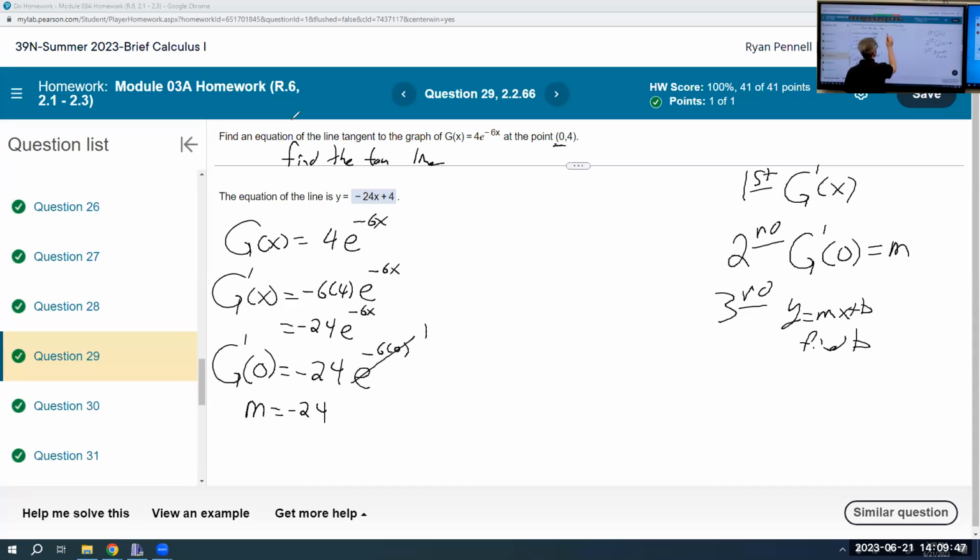Now, y equals mx plus b, I'm trying to find a line. I think I know what the slope is. They gave me a point, so I can plug all that information in and solve for my y-intercept. 4 equals negative 24 times 0 plus b. That goes to 0, so b equals 4.